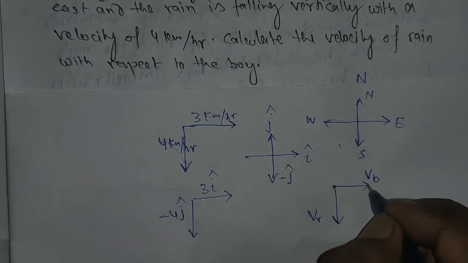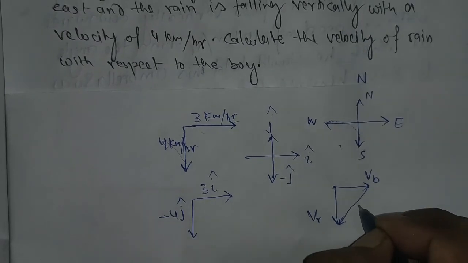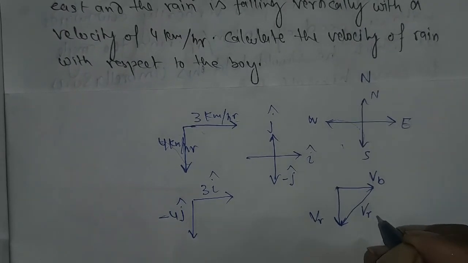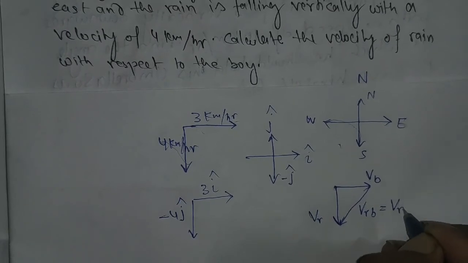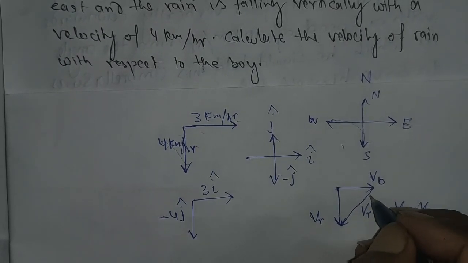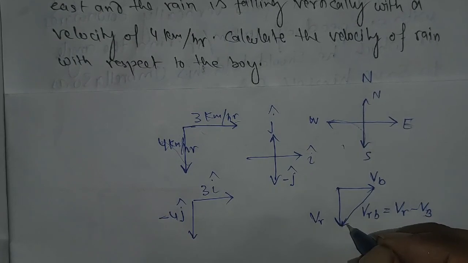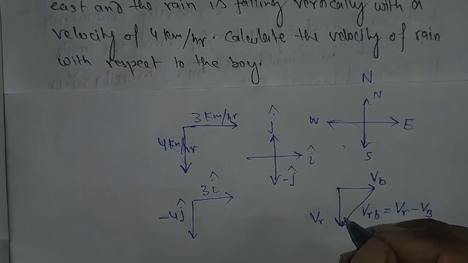We will have to get the relative velocity of rain with respect to the boy. For that we will have to draw this line. This line will represent the velocity of rain with respect to the boy, that is Vr minus Vb. So in the boy's frame of reference, the direction of rain would be this, not vertically downwards.